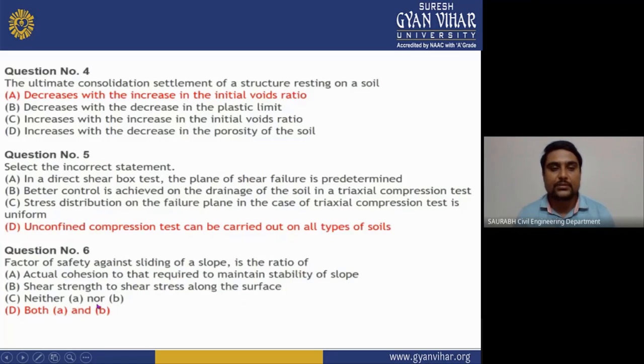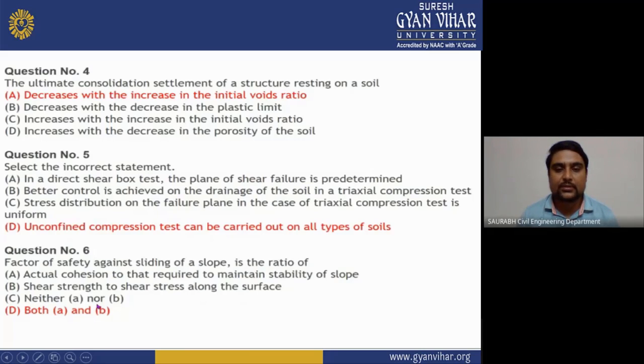Now the fifth question: select the incorrect sentence. In the direct shear box test, the plane of shear failure is predetermined. Better control is achieved on the drainage of the soil in the triaxial compression test.